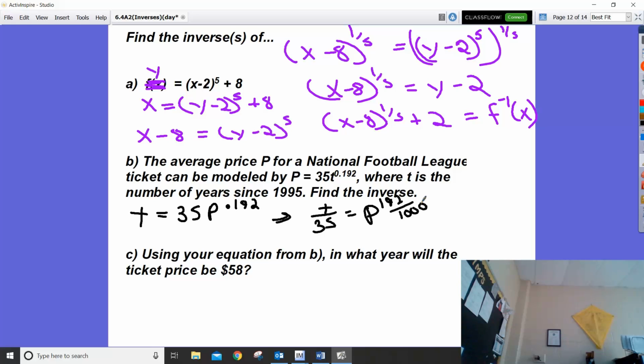You raise both sides to that power. Are you able to simplify that fraction? Of course you could. I'm not going to. Here's your price. Just go ahead and call it the inverse because that's what it is.